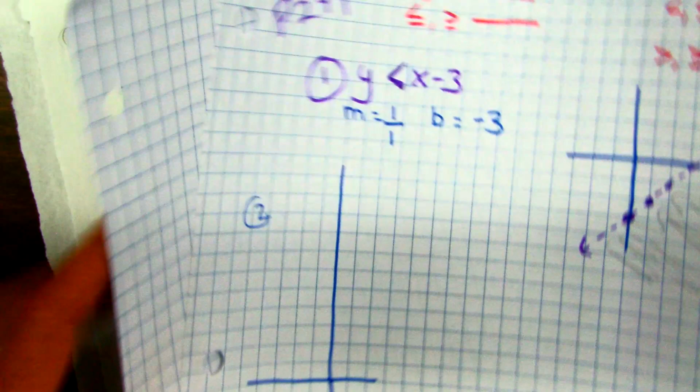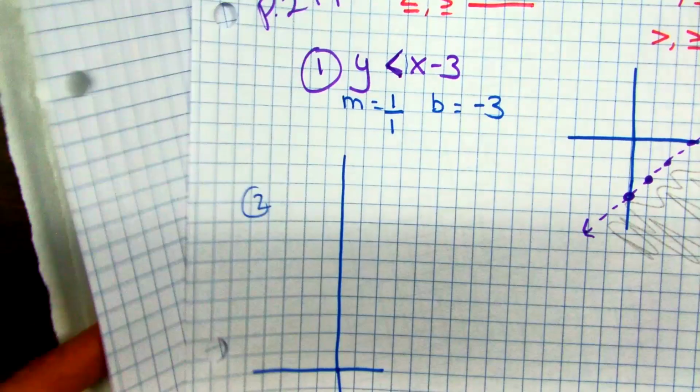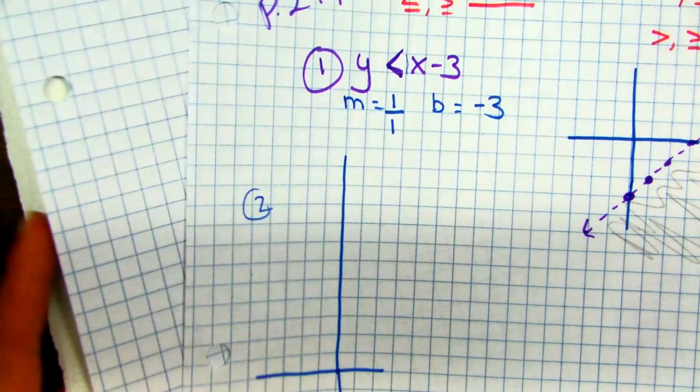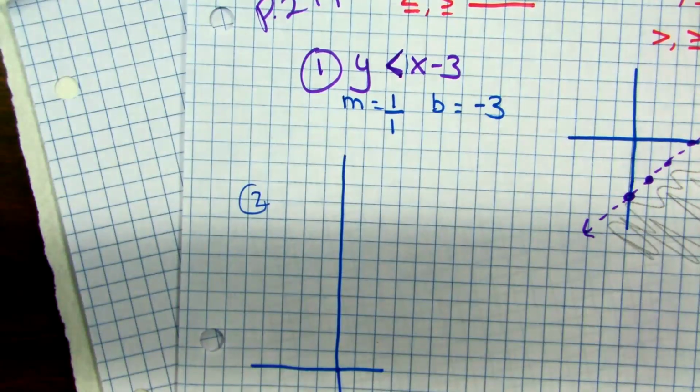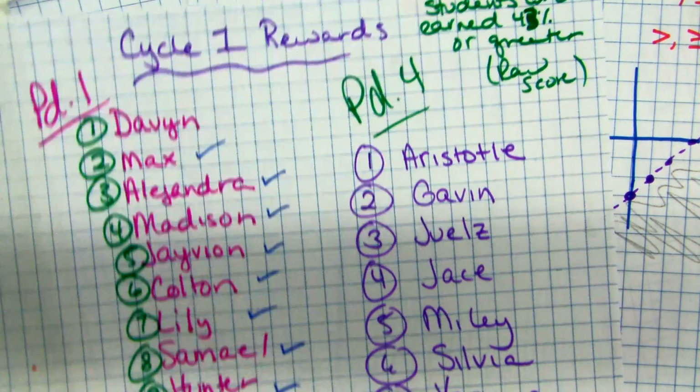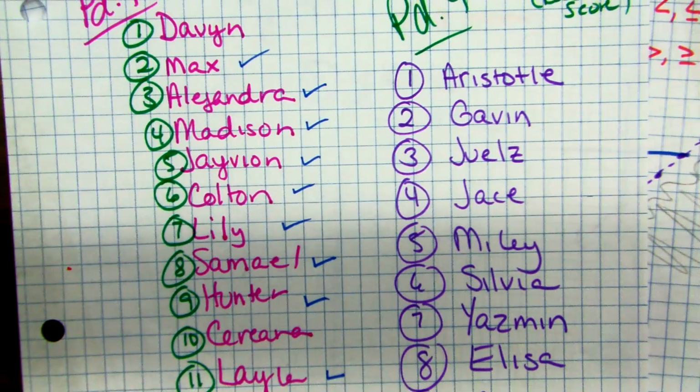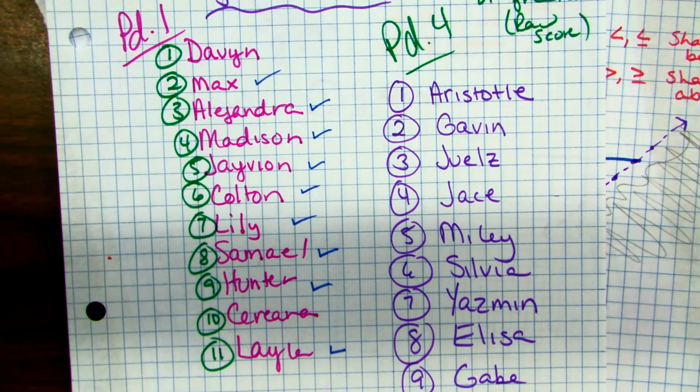Let me do my random number generator. So, where is it? So here are your numbers. So when I call your number, you can come. Yeah, go ahead. What?